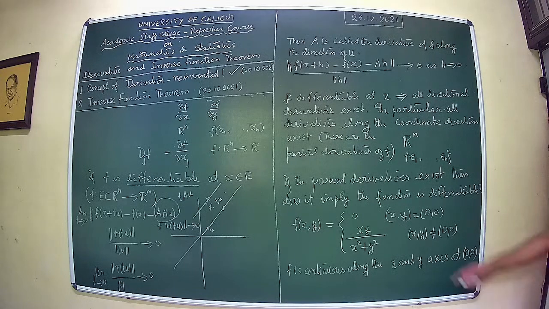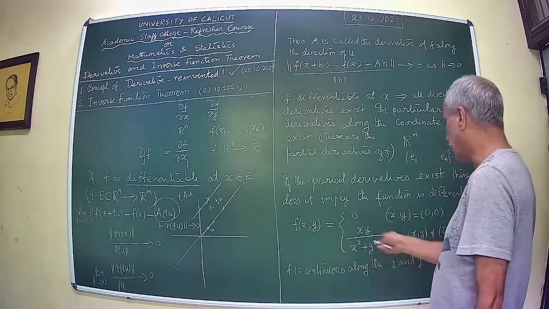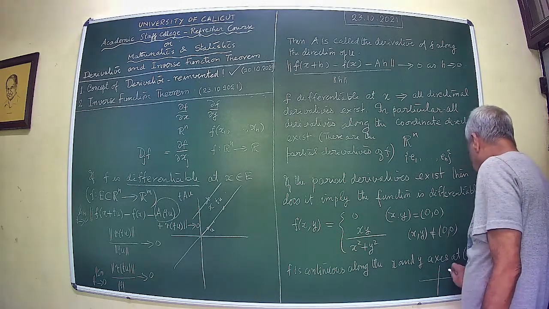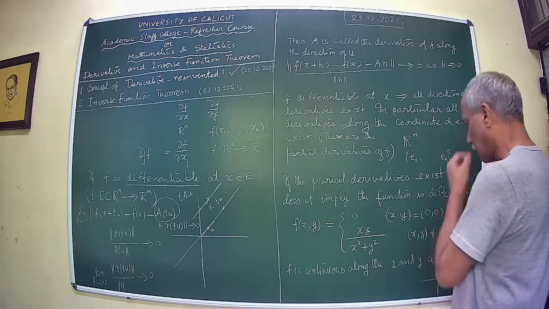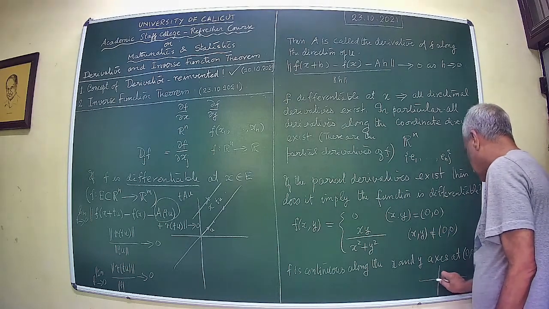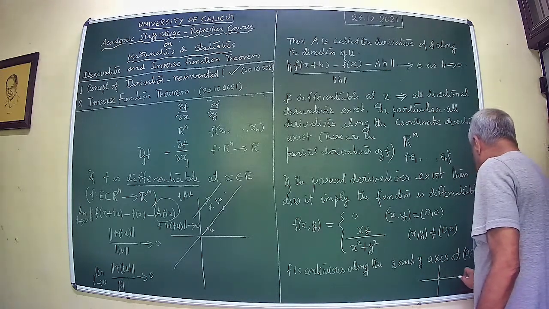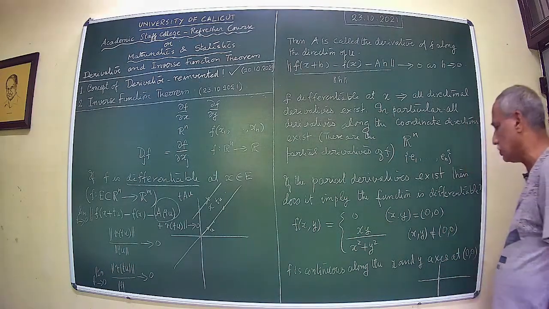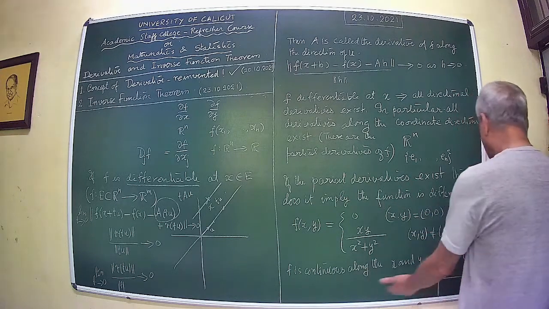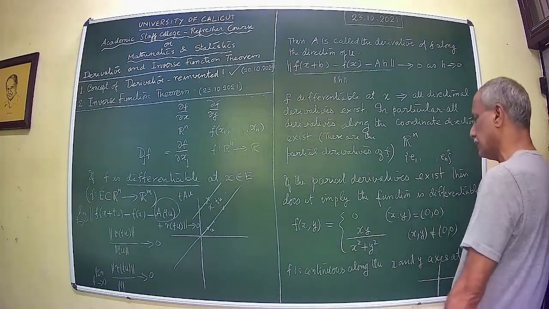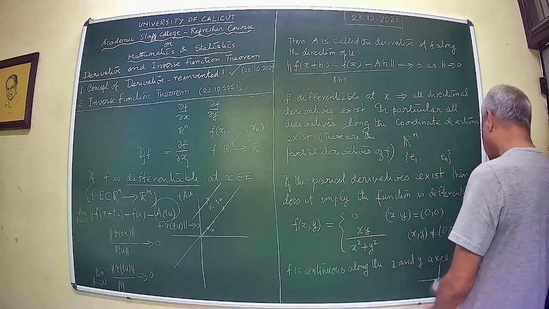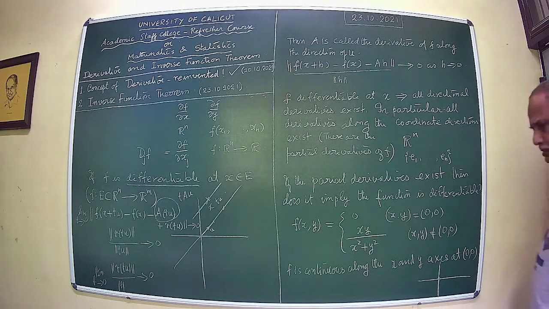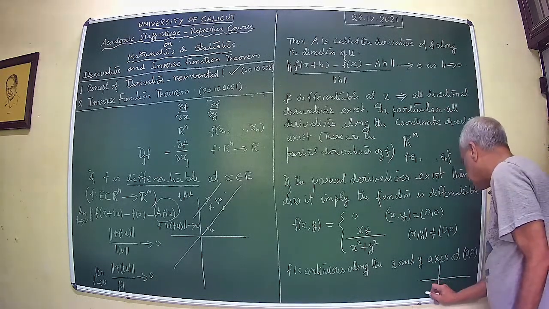This is very easy to see, because if you look at the point (0, 0) and the coordinate axes, x axis y equal to 0, y axis x equal to 0, the function is defined as the zero-valued function along the coordinate axes. Therefore, its derivatives along these directions are going to be 0. So, they do exist.